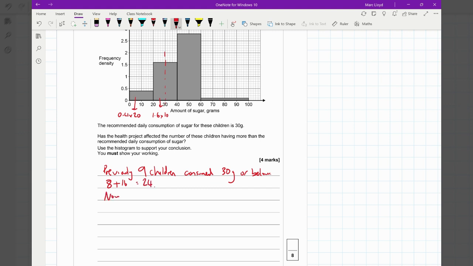So now 24 children are consuming 30 grams or lower, and therefore the project was successful.